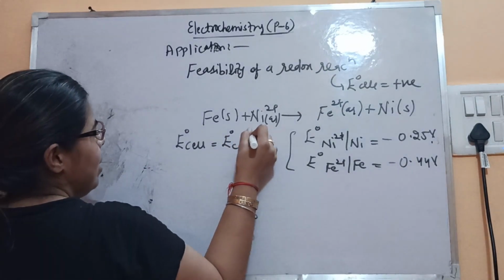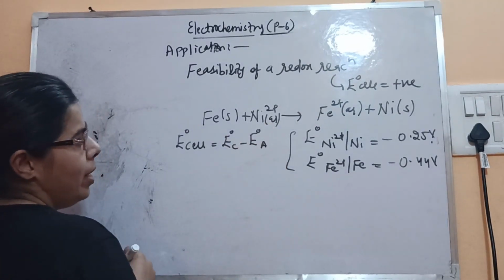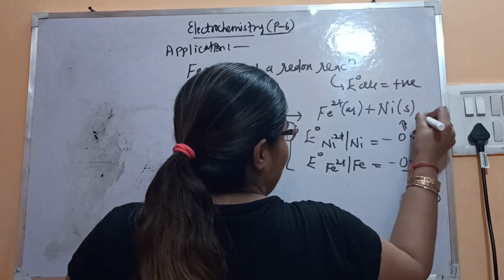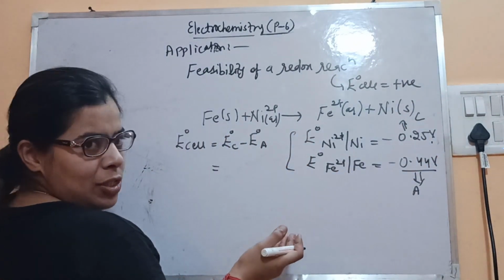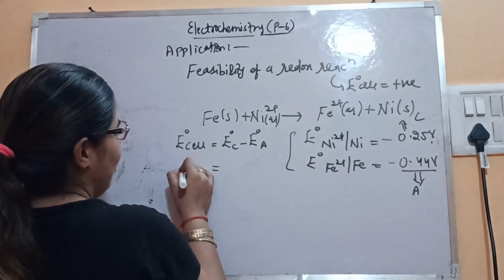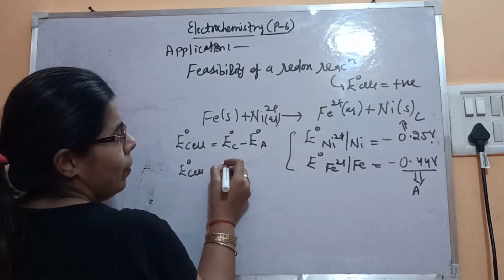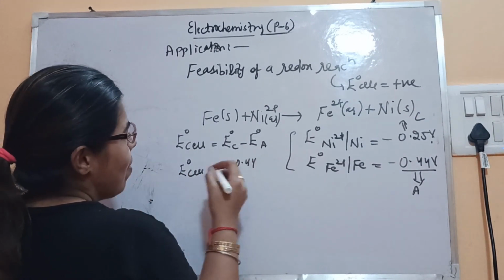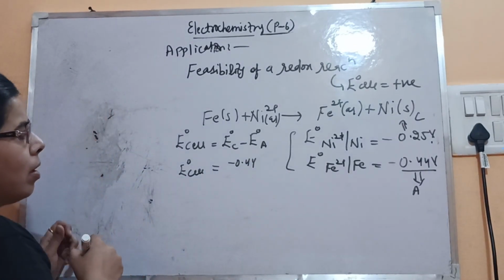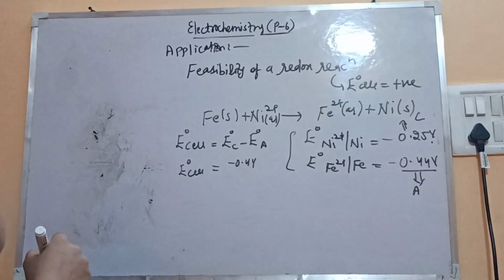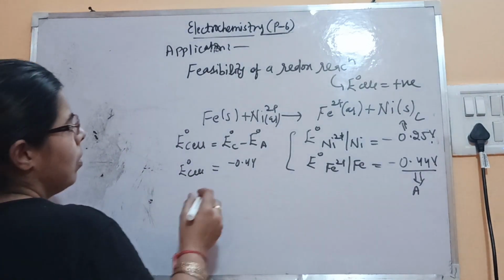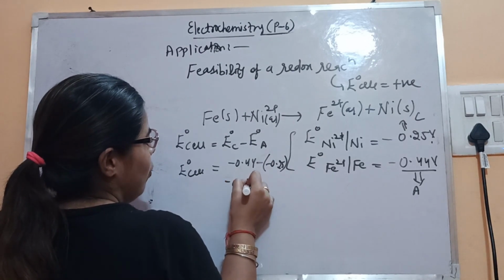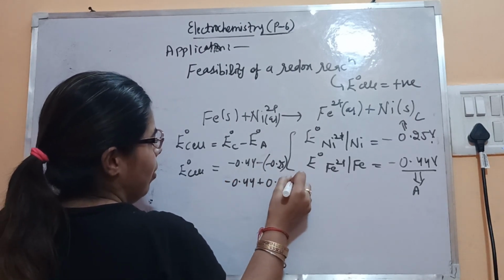E cathode minus E anode. So which is cathode here? More negative is this one. So this is anode and this is cathode. So this is very easy to identify which one is at anode, which one is at cathode. So E naught cell is equal to minus 0.44 minus, then minus 0.25, minus 0.44 plus 0.25 gives you what?